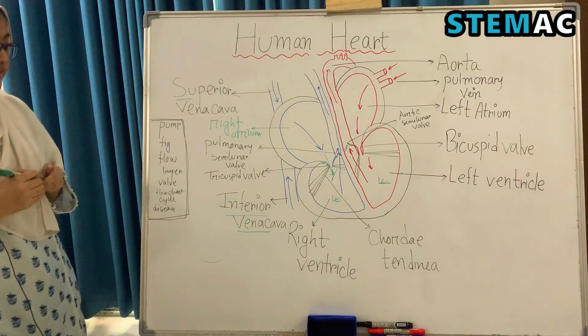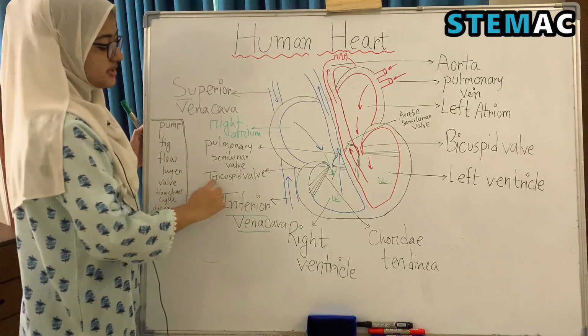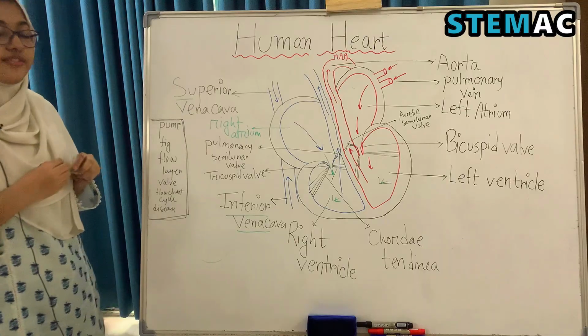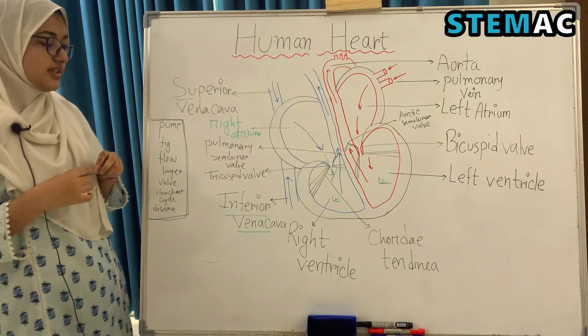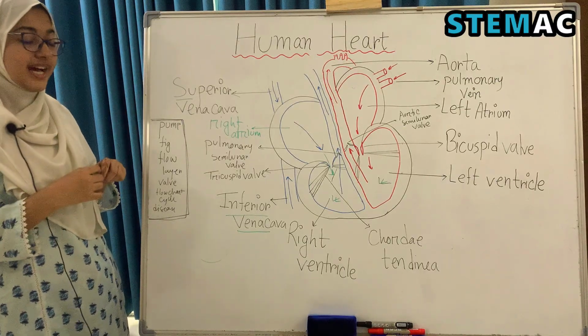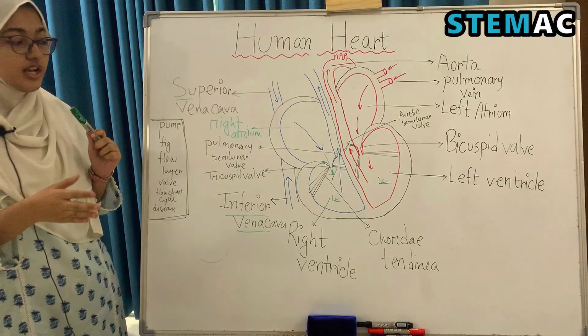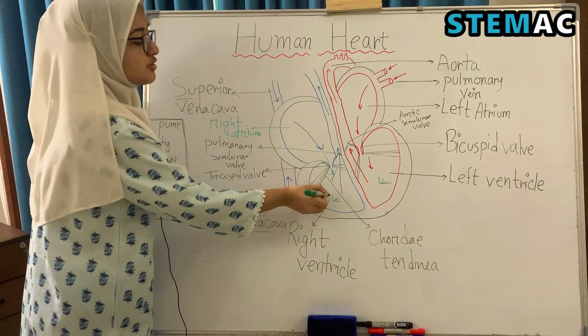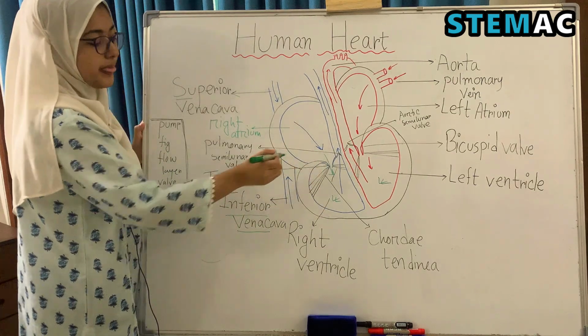Here we can see there is a valve named the tricuspid valve. What is the work of a valve? A valve helps the blood to flow in one way. So the blood will always flow in this way, it will never come towards the opposite way.